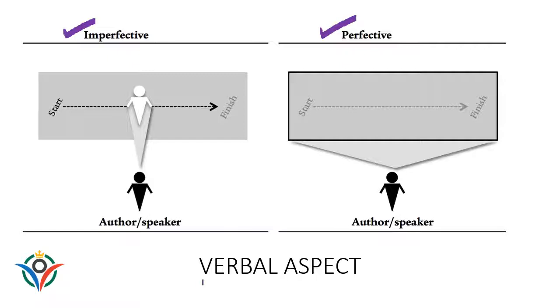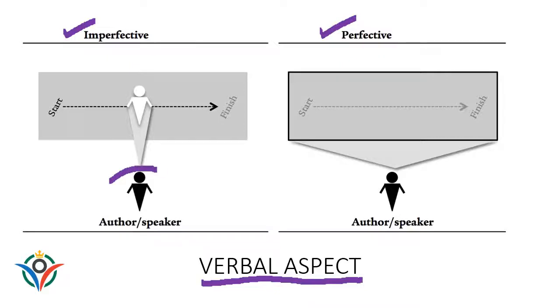So remember, verbal aspect is the subjective perspective or viewpoint from which an author communicates the action of a given verb. So let's begin with the imperfective verbal aspect, which we saw is defined as when an action is viewed as in process or ongoing.